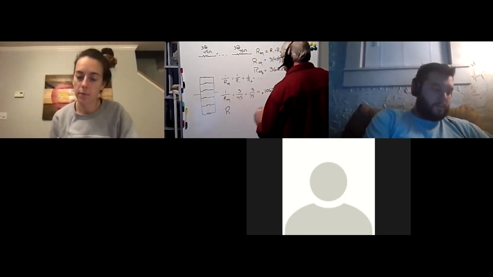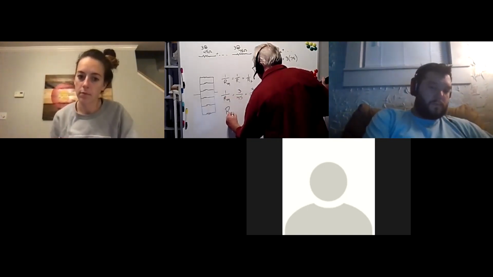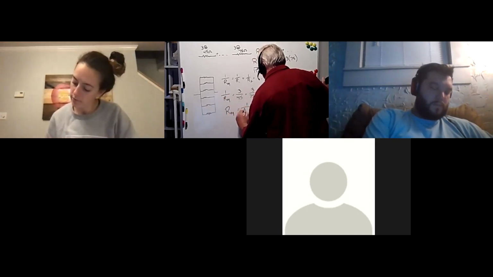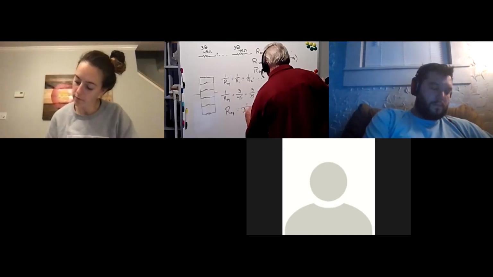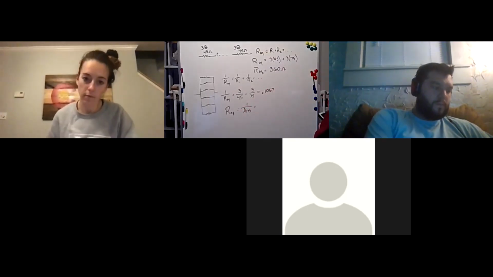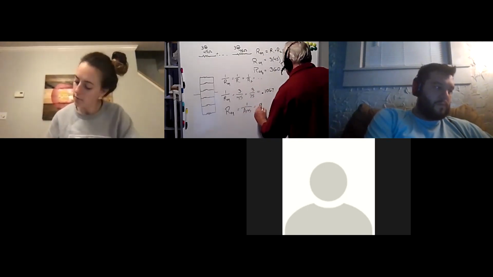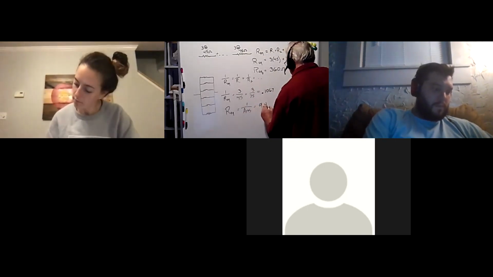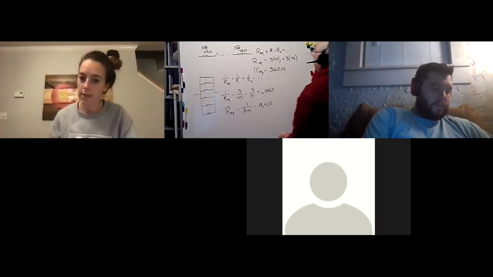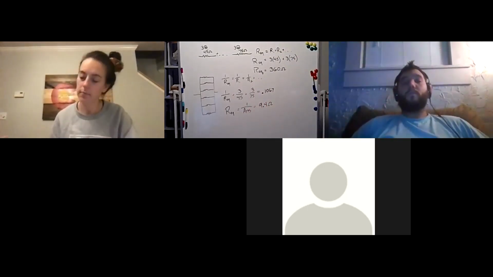That's 1 over the equivalent resistance. So to get this, I need to do 1 over my answer. And so I get 9.4 ohms, which is quite a bit smaller than the 45 and the 75.